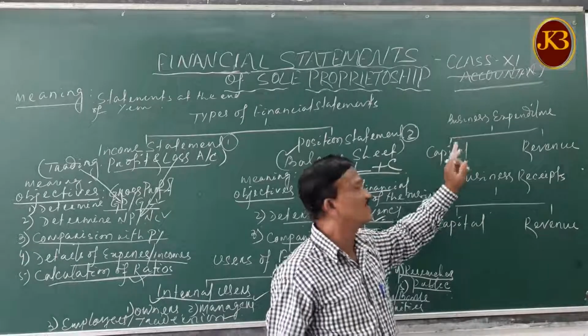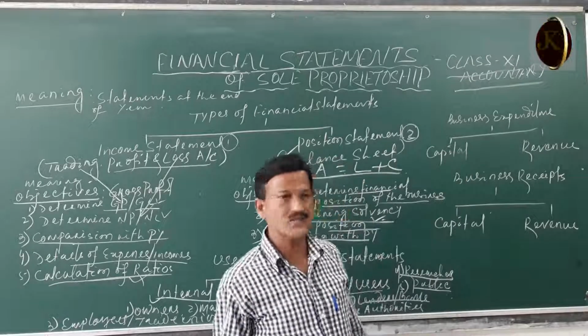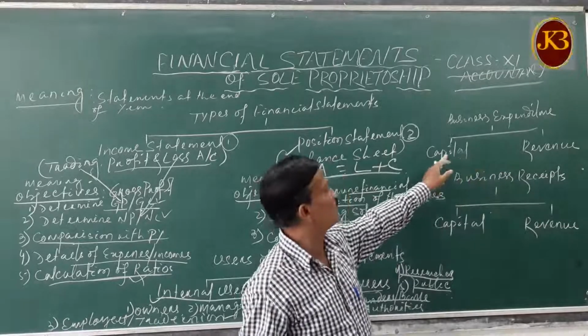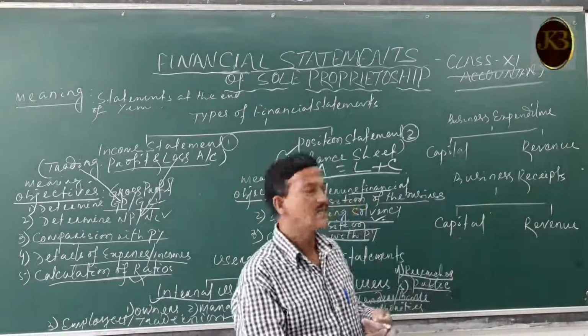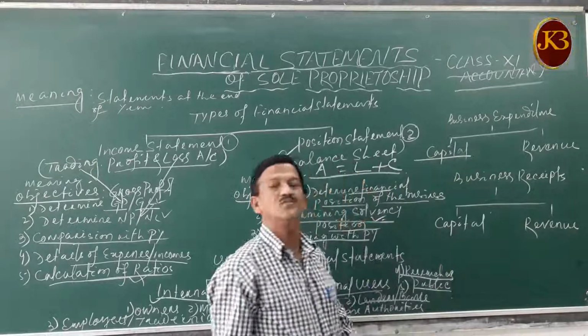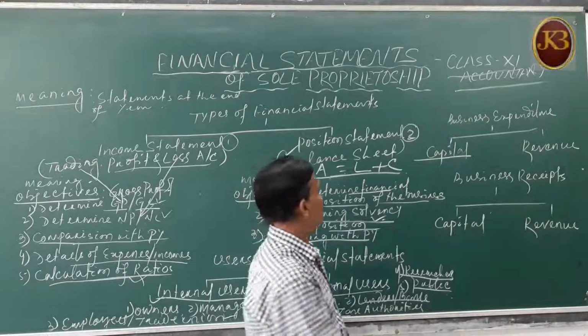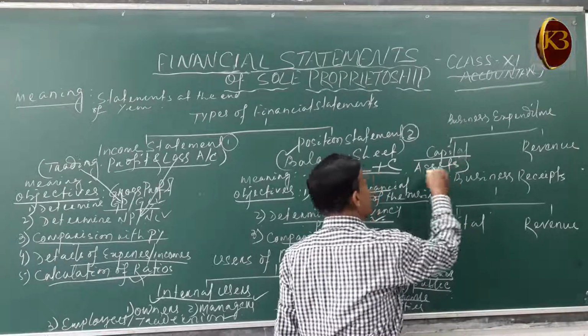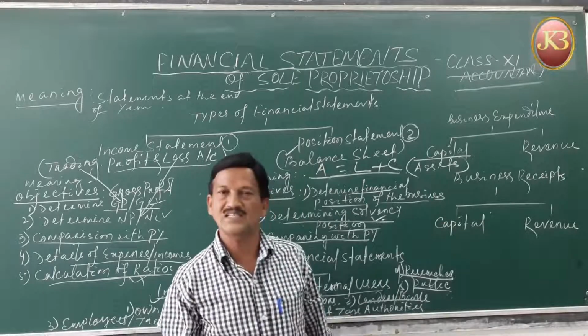Let's first come to the expenditure classification: capital expenditure and revenue expenditure. What is capital expenditure? What is revenue expenditure? Capital expenditure is the expenditure which is done for a long-term purpose, that is for purchase of assets, acquiring the assets. That is called capital expenditure.